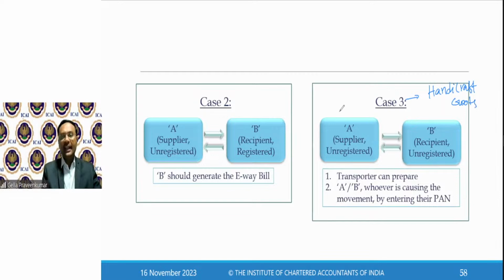Assuming that A is from Karnataka, B is in Rajasthan. In Karnataka, the seller is unregistered. In Rajasthan, this party is a B2C party. When the goods are moved from Karnataka to Rajasthan, the transporter can prepare an e-way bill, or either of A and B can prepare it, using the PAN number.